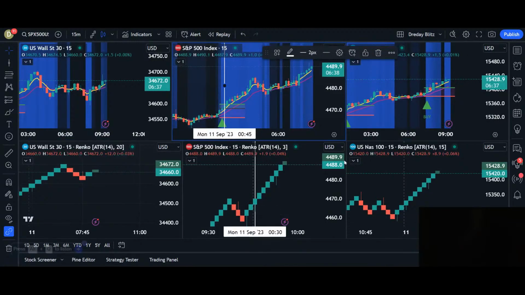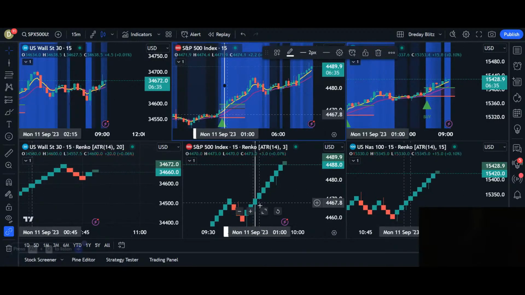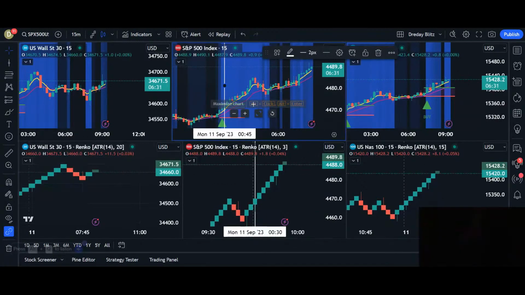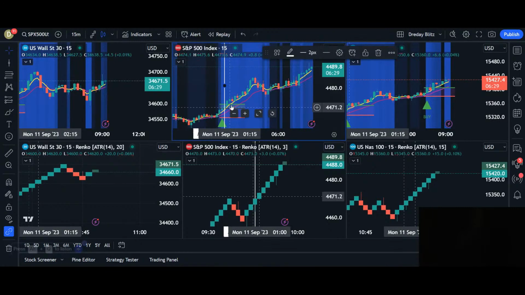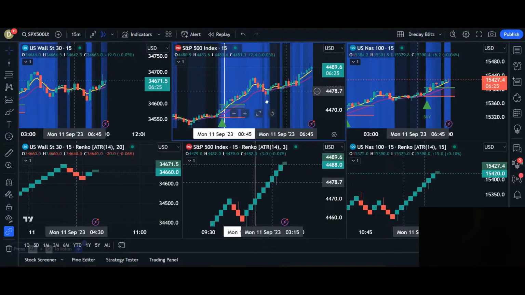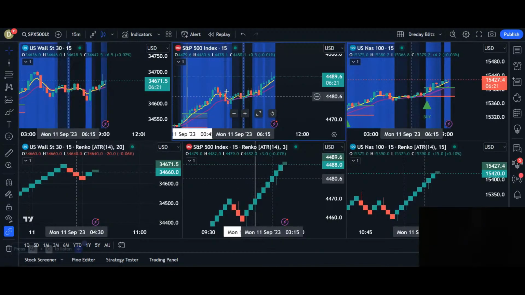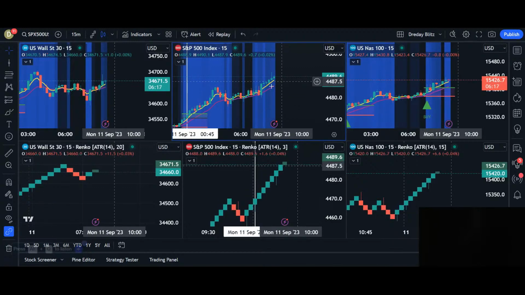So when the momentum is going down, this is where you get out of the trade. So if we take that example here, from that signal until now, you would still be in the trade. And as you can see, it never reversed.